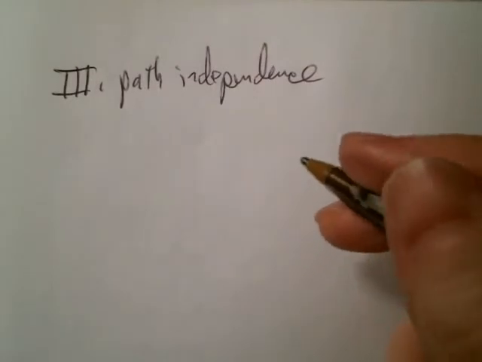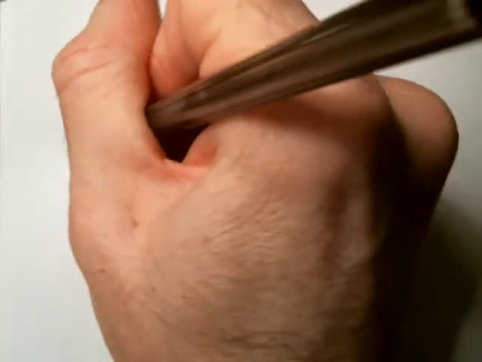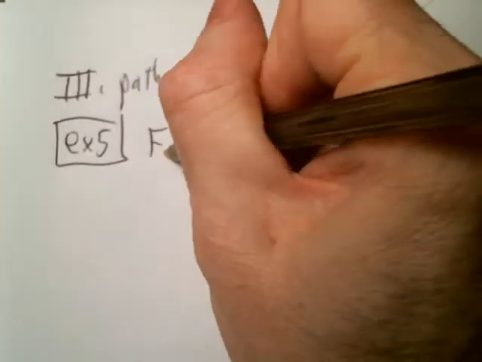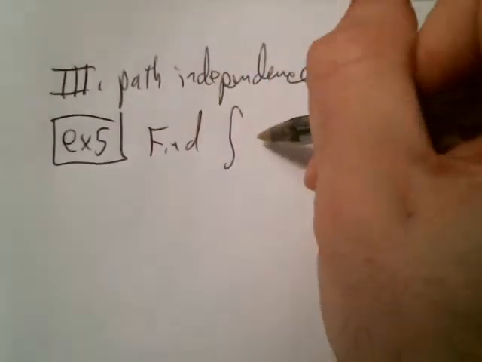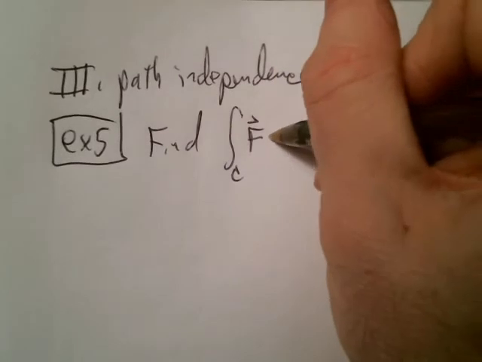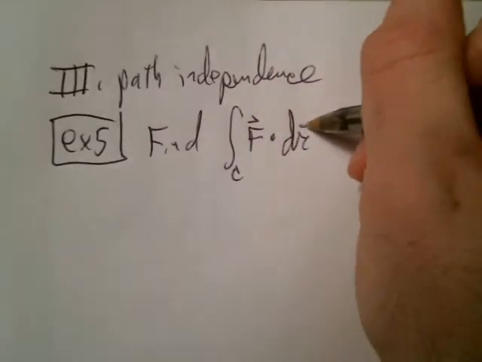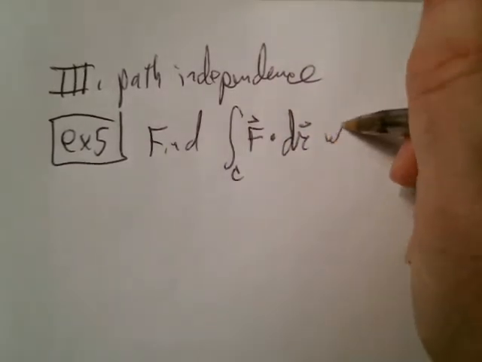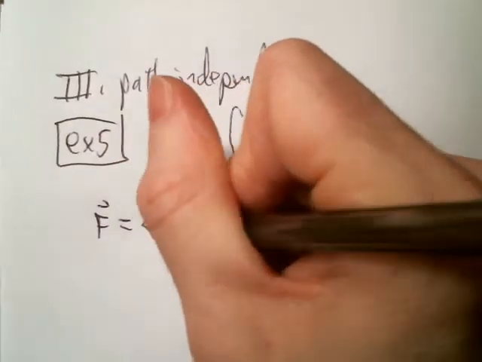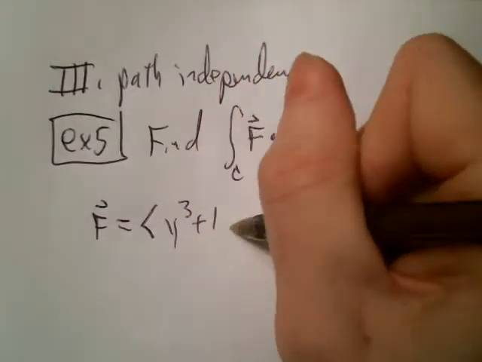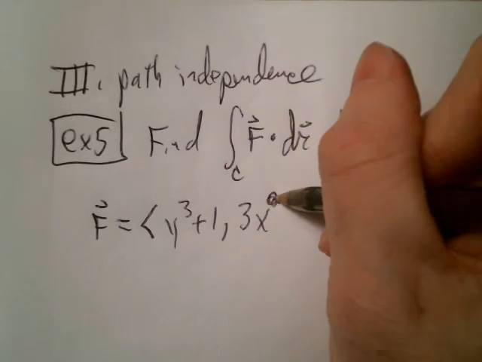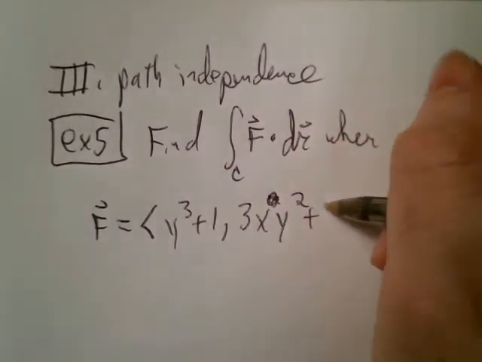So an example, it used to be example 5 in the book. Find the line integral of the vector field F over the curve C, where the vector field is y cubed plus 1, and then 3x squared, so 3xy squared plus 1.